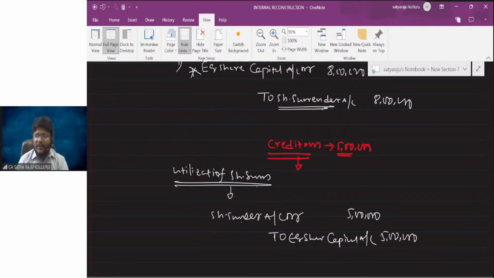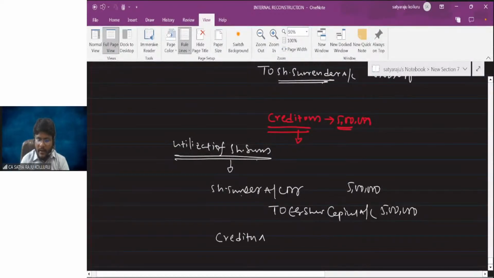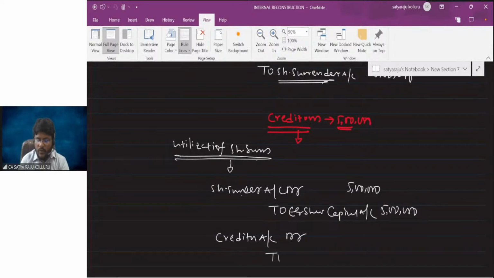Sir, but where did the settlement happen to the creditor, sir? Just now you issued equity shares, no? But where is the creditor's account debited, sir? Now you need to debit the creditor's account by passing the entry: creditor's account debit to reconstruction account, that is 5 lakhs.